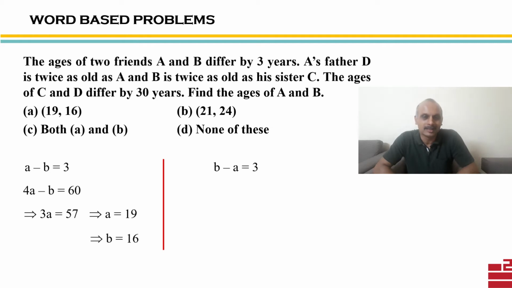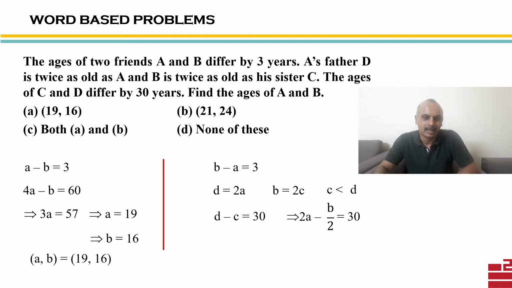But this is only one case, where I had assumed that A is more than B. The other case, where B is more than A, that is, the difference of B and A is 3, I have to solve that also. And if I solve this, what do I get? My rest of the equations are the same, that is D is 2A and B is 2C. So C is still less than D, and so D minus C is still 30, and that gives me these equations.